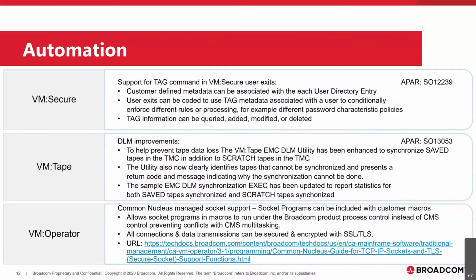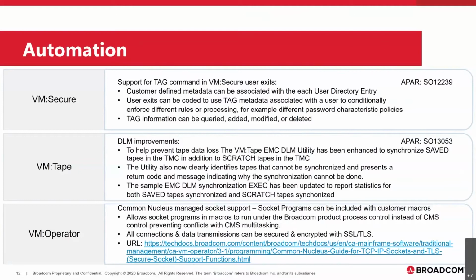All right. With VM Tape, one of the scariest parts of a process is to make sure you don't lose any data. So we made improvements to the EMC DLM utility. This included the ability to synchronize your saved tapes in TMS and a scratch tape. If the tape cannot be synchronized, we'll also let you know, and we'll let you know why.